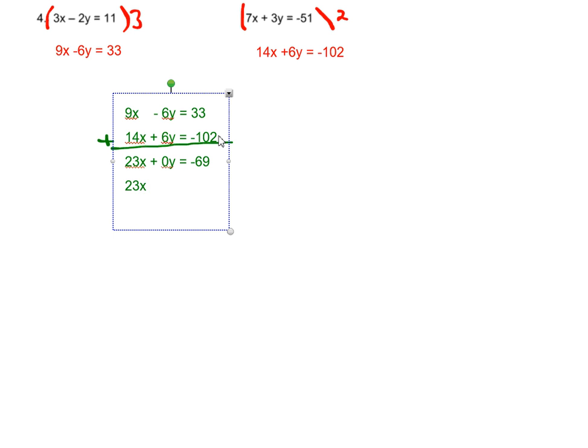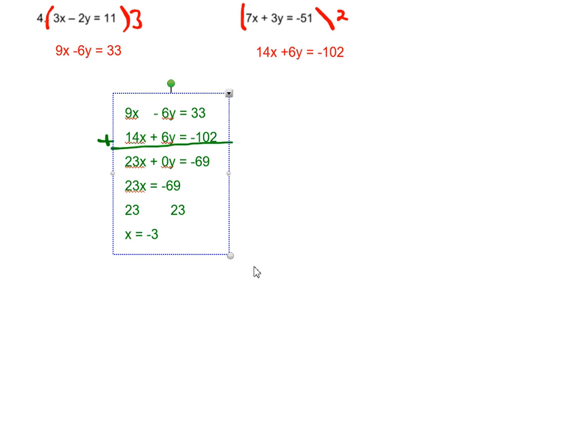So I have 23x equals negative 69. I'm going to divide both sides by 23, and I get x is equal to negative 3.